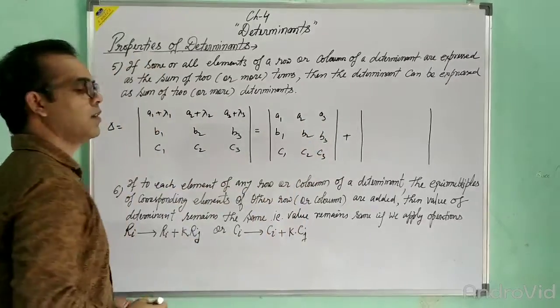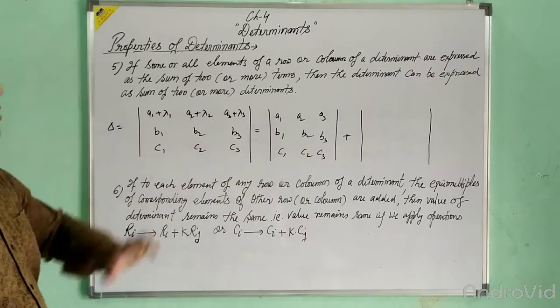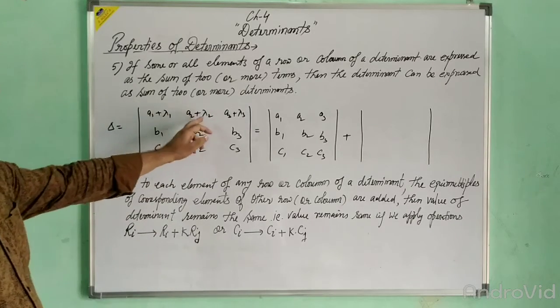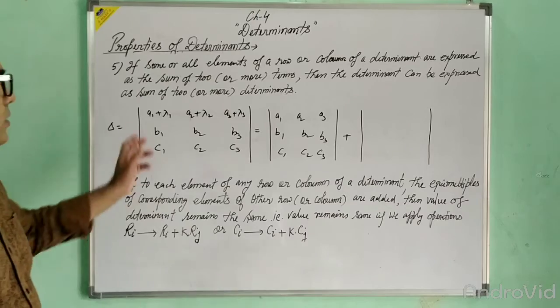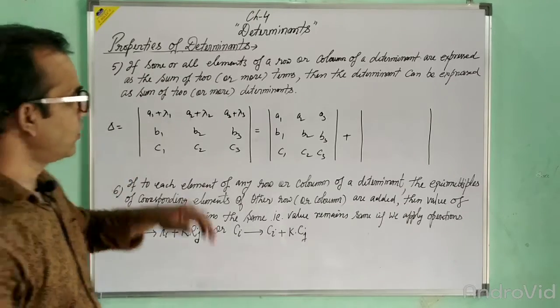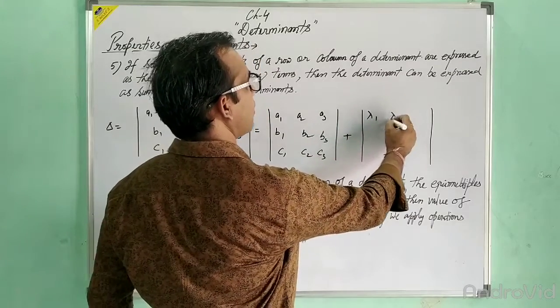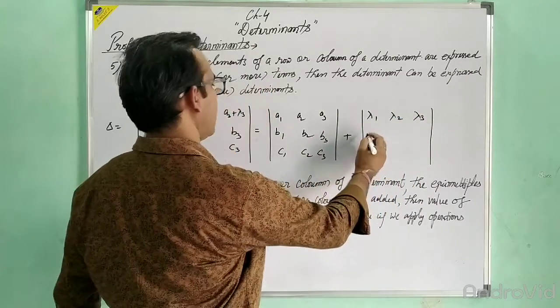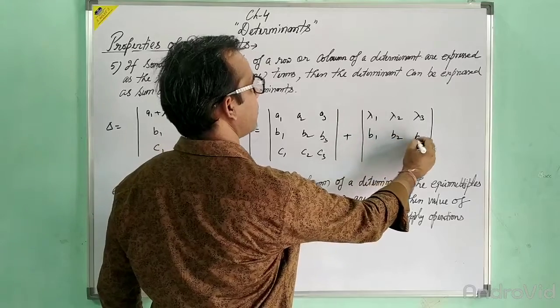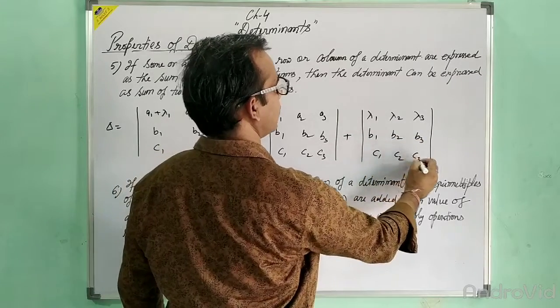Okay, so we have taken the first elements A1, A2 and A3. Next, the lambda 1, lambda 2 and lambda 3 are the numbers that have been added here. So in the next determinant we can write lambda 1, lambda 2, lambda 3 and the rest of the elements as it is, B1, B2, B3, C1, C2, C3.